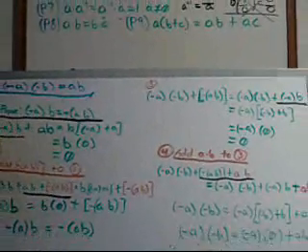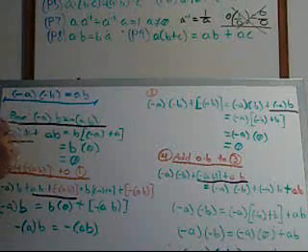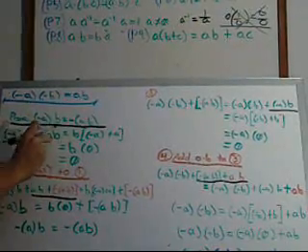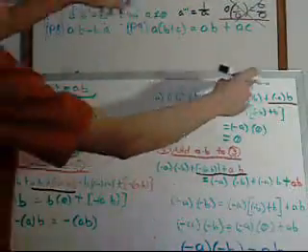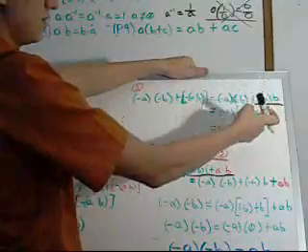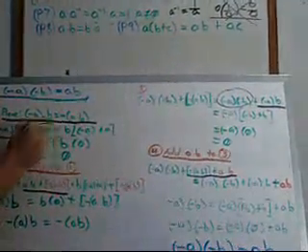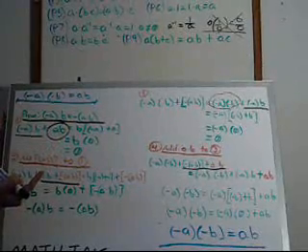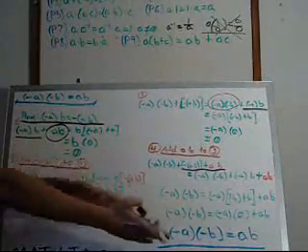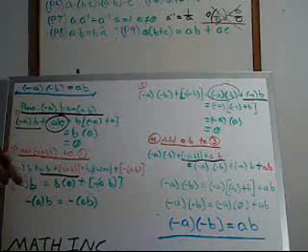So the only way that you have (-a) × b + ab equals 0 and (-a) × b + (-a) × (-b) equals 0 is in fact (-a) × (-b) and ab are the same. So we get this answer again. (-a) × (-b) equals ab.